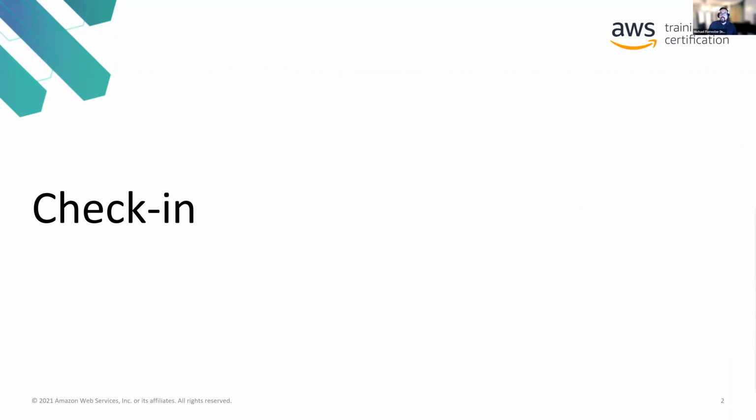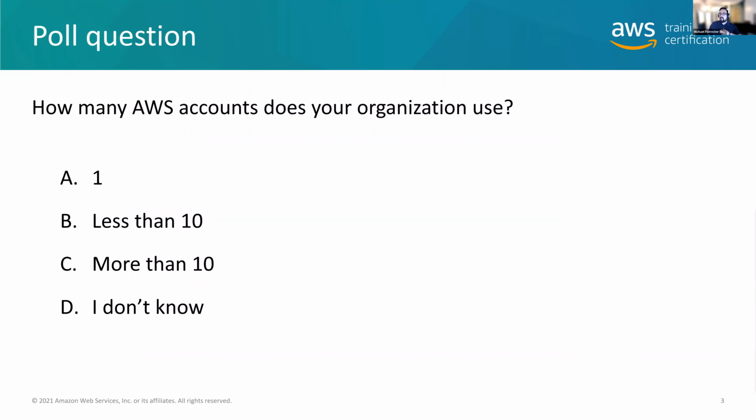Now, check-in wise, one of the first questions they ask is, how many accounts do you have? Considering who you work for, I'm going to tell you right now, it's going to be more than 10, right? Your individual clients might have 1, they might have 4. Some people use what's called a multi-account strategy, where they isolate every single project by its own account.